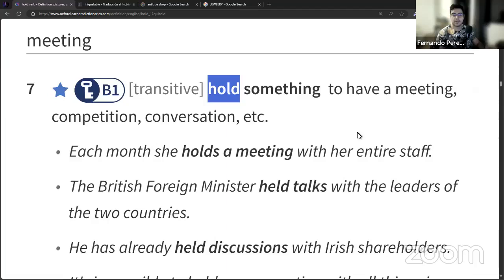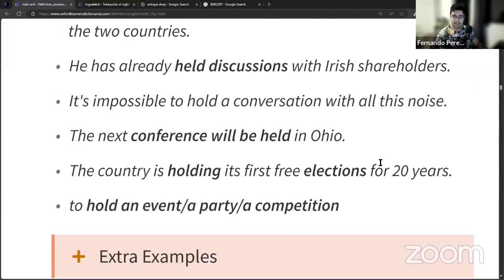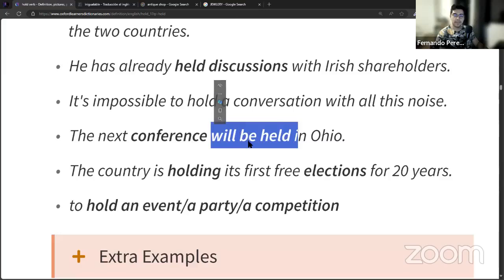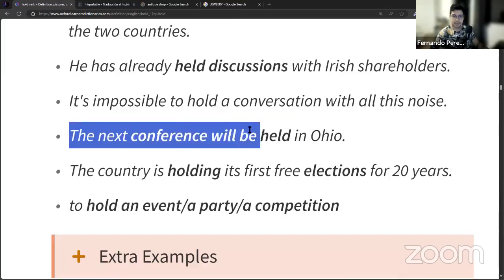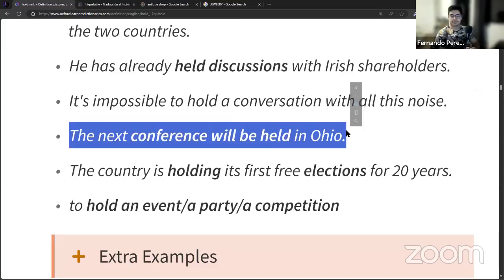In past participle, you can use this formula: will be held. The next conference will be held in Ohio, which is similar to say Ohio will hold the next conference.